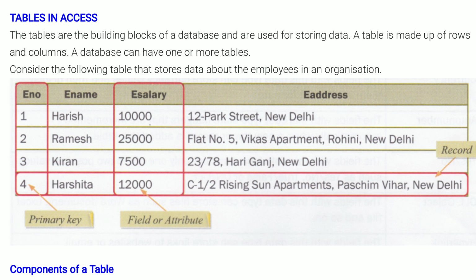There is no repetition of any particular data. Then we can set that column as a primary key, which is used further as a reference for accessing data from the table, for deleting data, and for doing many activities related to the database. It will be helpful later.